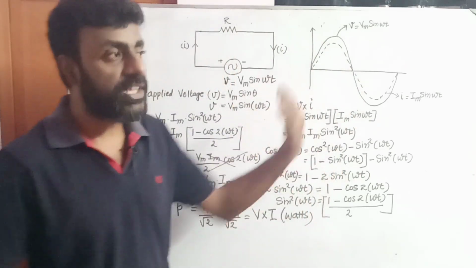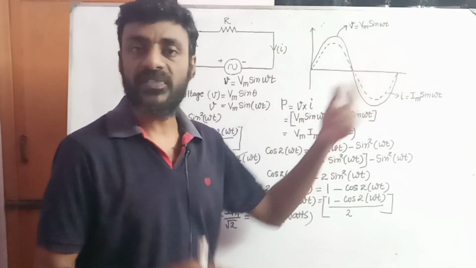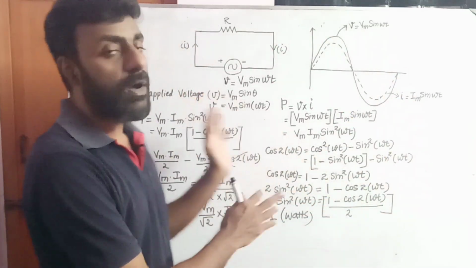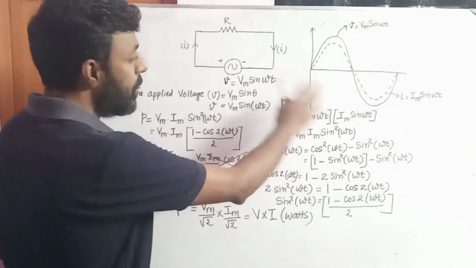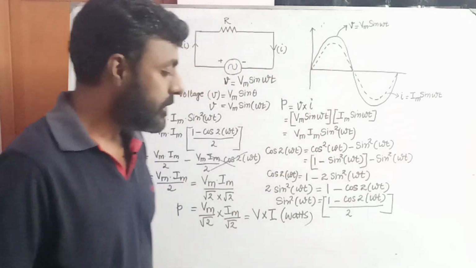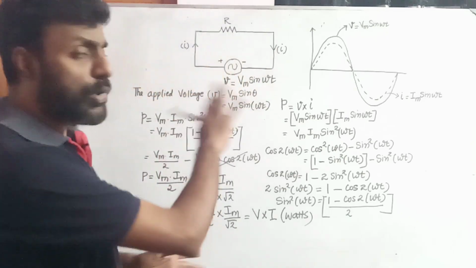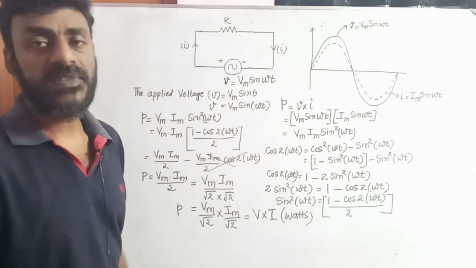Similarly, if both the instantaneous current and voltage are positive, plus into plus is plus, so we get a positive value. So the power will always be a positive quantity. So this is all about this equation. We have derived the result under the heading AC through pure ohmic resistance alone. So that is the end of this derivation.